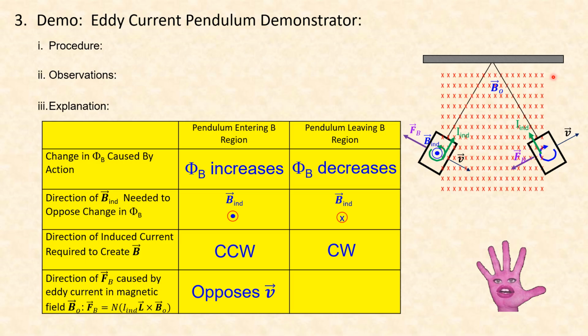Once again, notice that the direction of that force is opposite to the direction of motion of the pendulum at that point. That force opposes the velocity. So you can see the creation of this retarding force that happens because of the formation of the eddy currents.